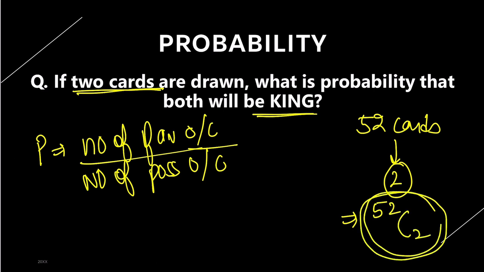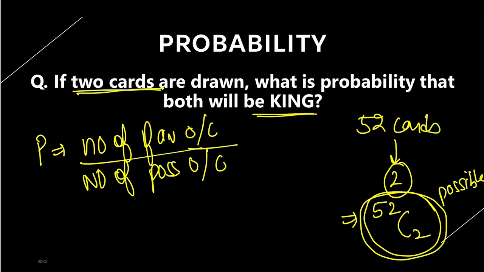That's what we have learned, that out of 52 cards, you are choosing any two cards. That is 52C2. And this is the possible outcome. That is, the possible outcome is picking any two cards out of 52 cards.